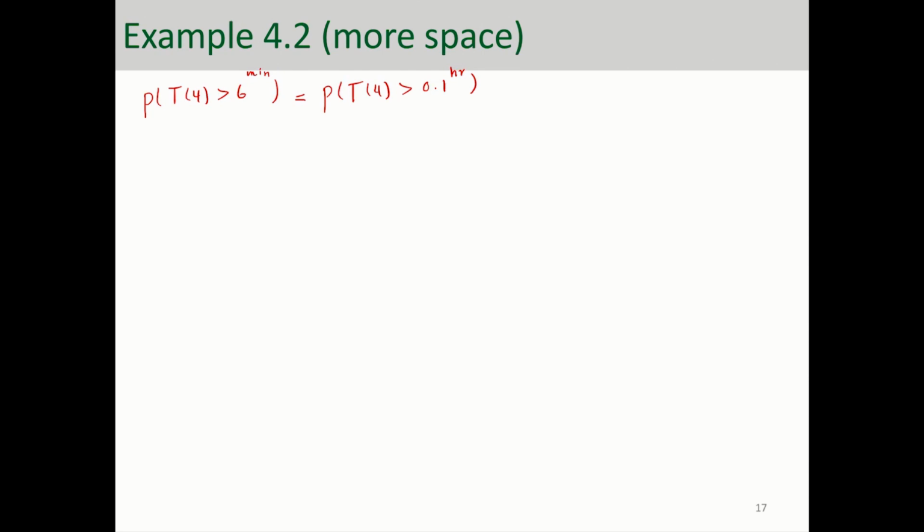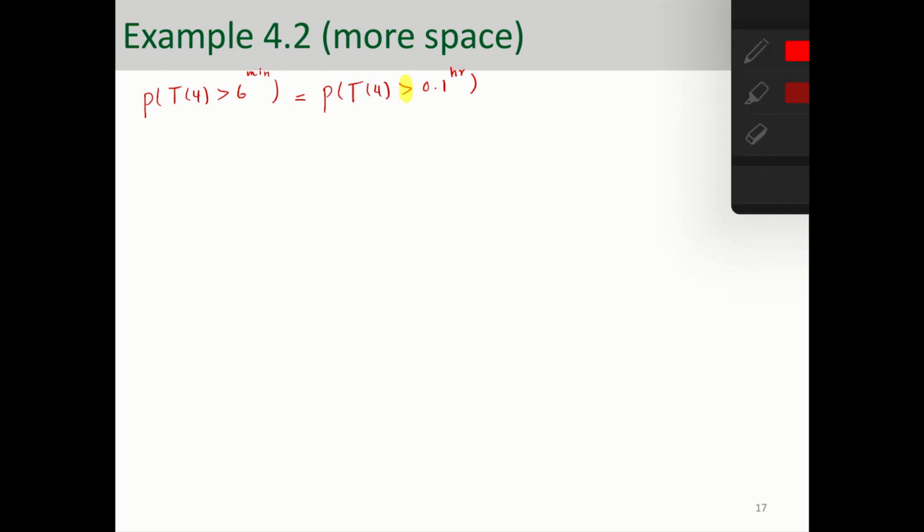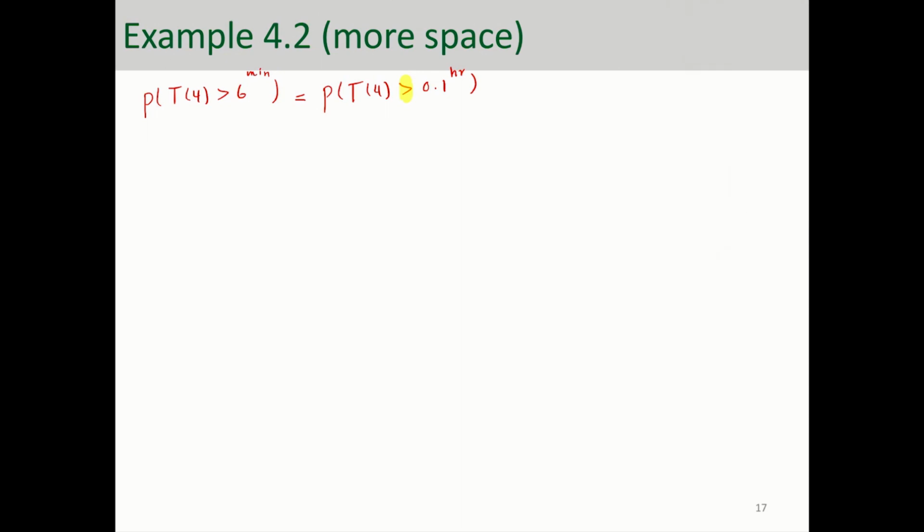So as you can see here, we're having probability of T4 more than, and an easier way to calculate that is to calculate the complement of this and subtract it from 1. So that is equal to 1 minus probability of T4 less than 0.1 hour.